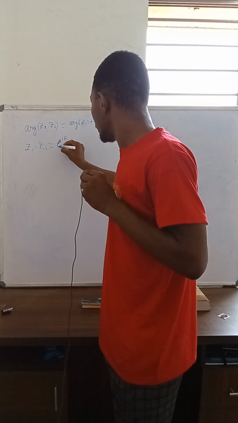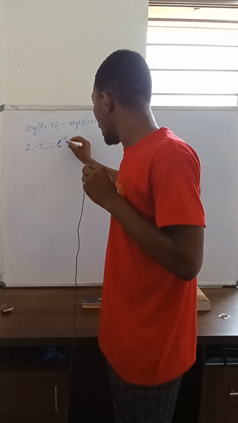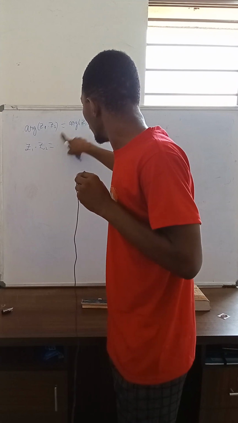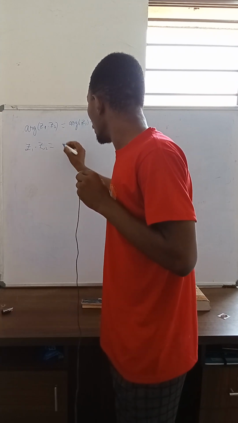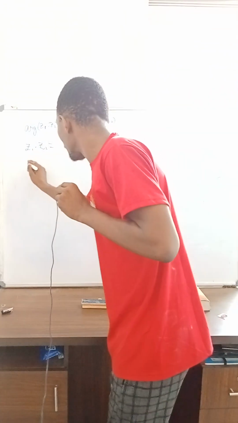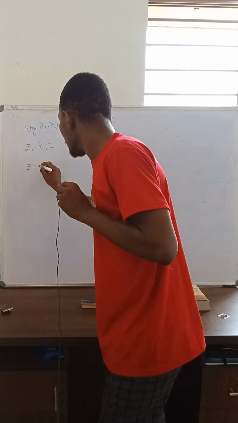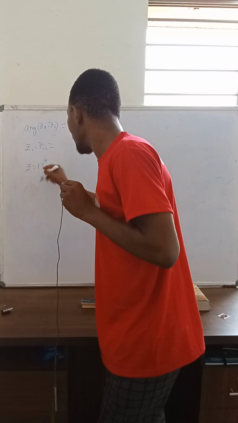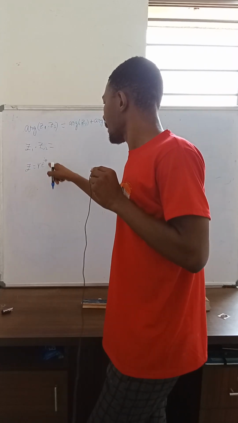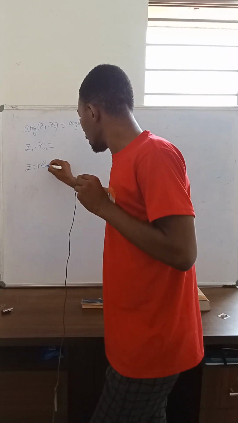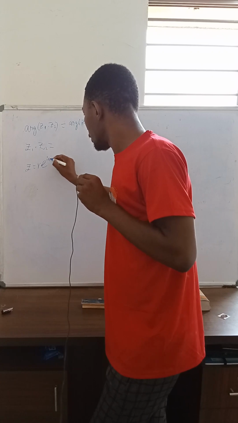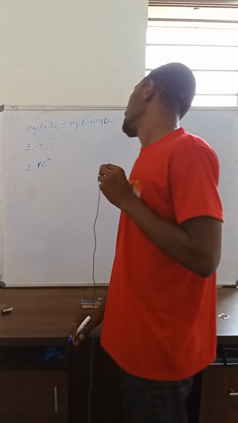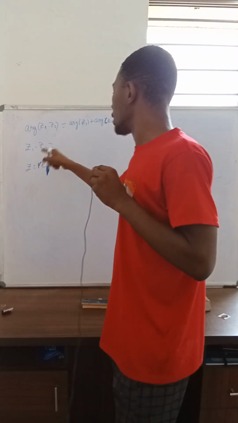You remember, by the third form, when I have z equal to r Euler raised to i theta, you just apply this for z1 and z2.